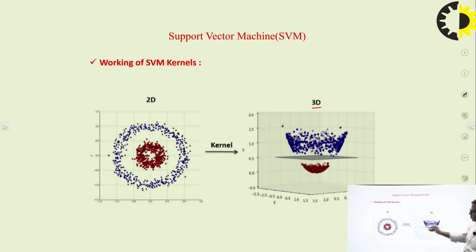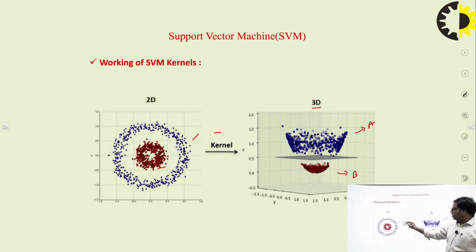All these blue points belong to class A, and these red points belong to class B. All the blue points, or class A points, have one position in the Z plane, and all the class B points have another position in the Z plane, which can be easily separated using a plane. Because we are seeing it in 3D, a simple line can also be called a plane.